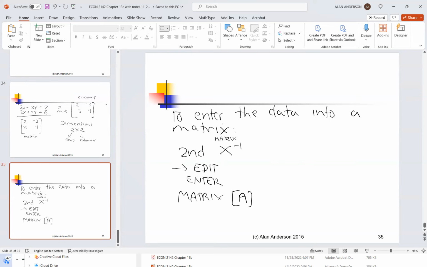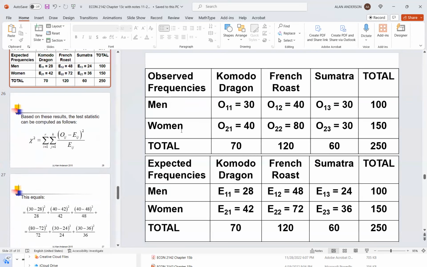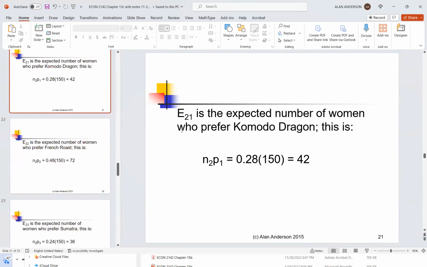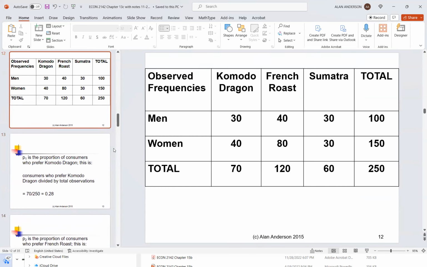So let's go back and revisit the data for our observed frequencies. So excluding the totals, we have 2 rows, one for men and one for women, and 3 columns, one for each style of coffee. So that means that our dimensions are 2 rows and 3 columns.